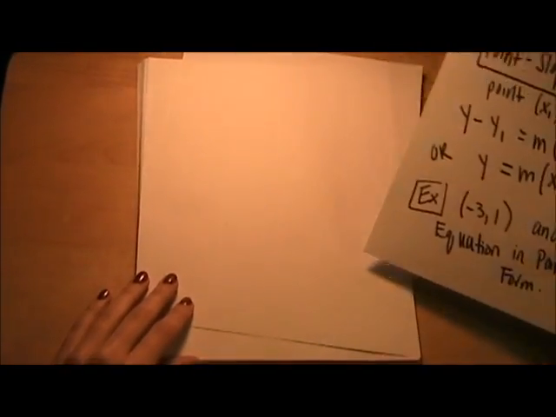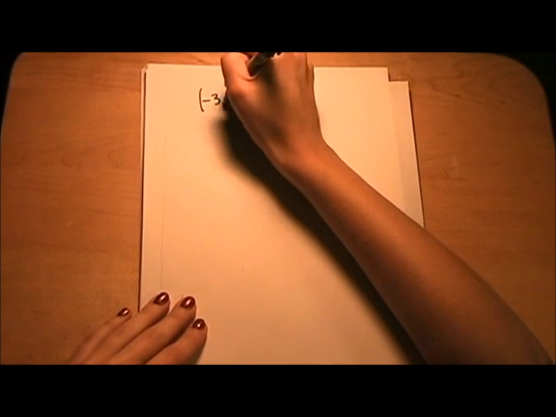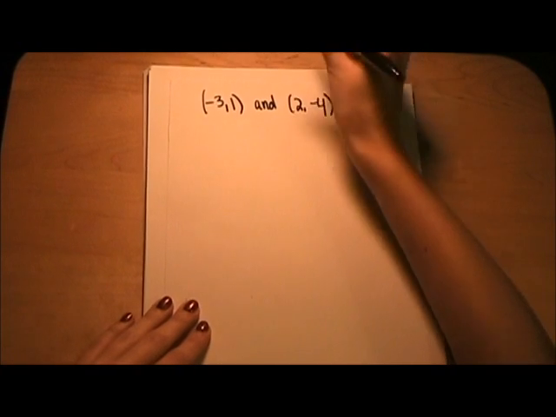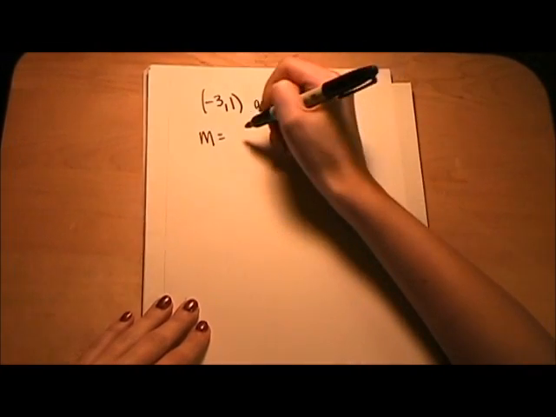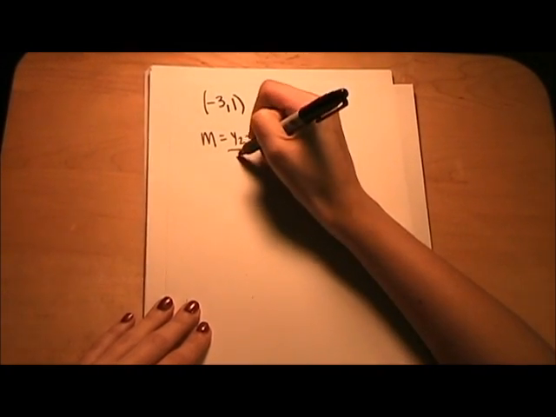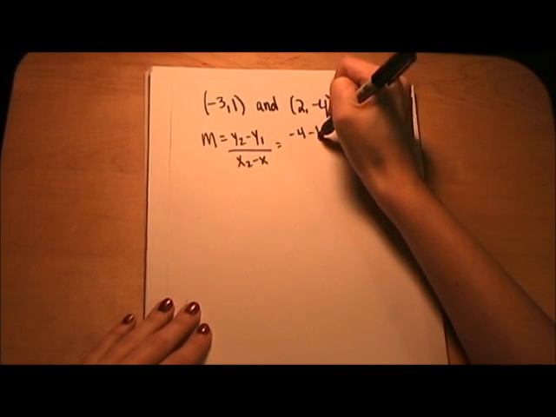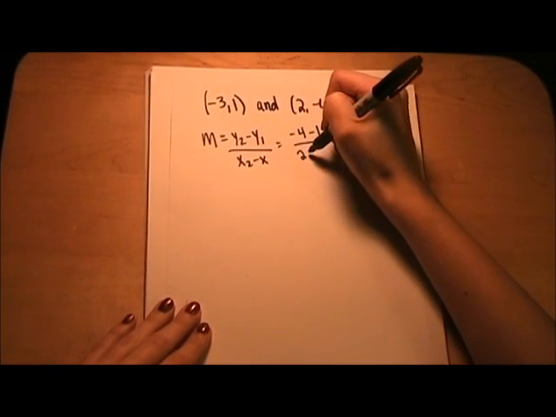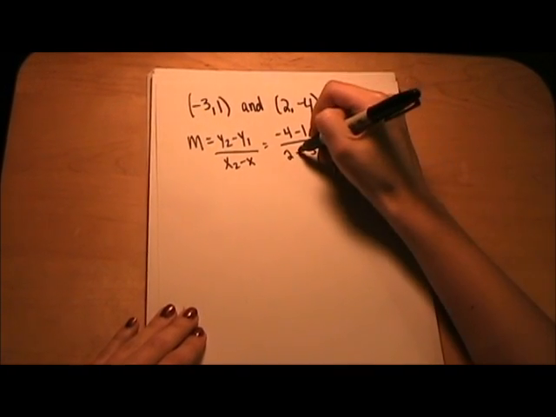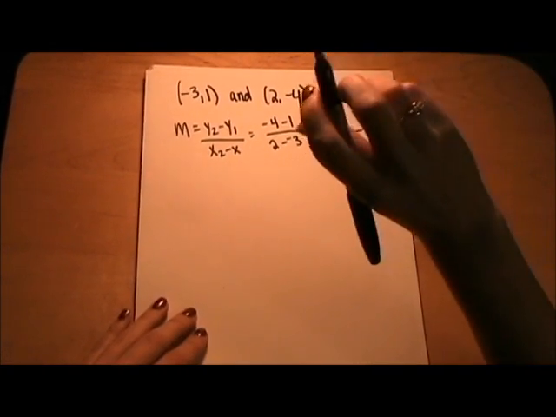So first thing we're going to do, again, we have points -3, 1 and 2, -4. We're going to find the slope. Remember, the slope is subtracting the y's, subtracting the x's. So we have -4 minus 1 over 2 minus a -3 is going to be -5 over +5. So our slope is -1.